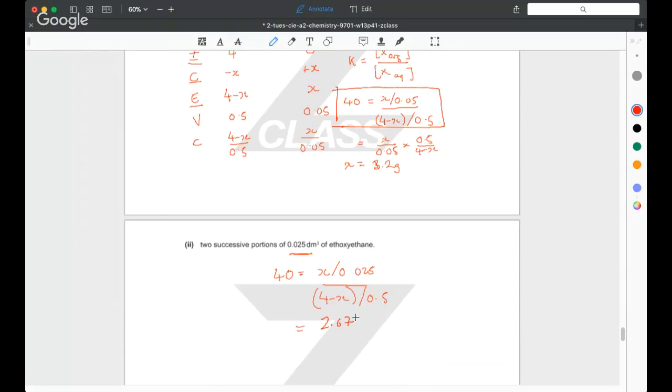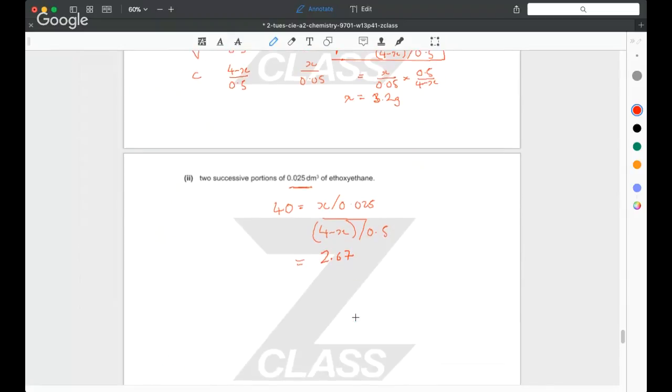Okay, so that's the first step. Now the second step is, well, if you started with 4 grams in the aqueous phase and you removed 2.67, then the number of grams that are left in the aqueous phase is now 1.33 grams. The second step is you're going to write out this expression again.